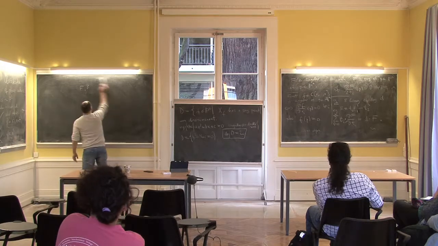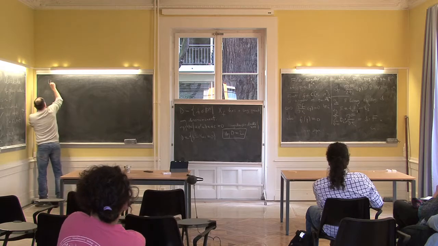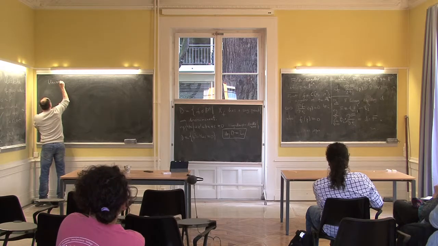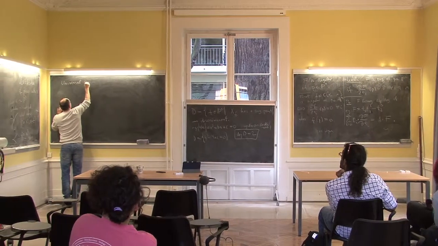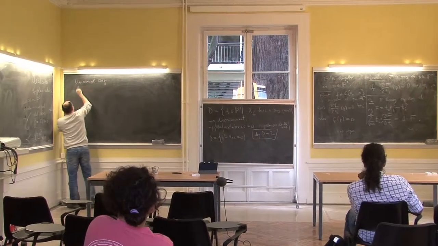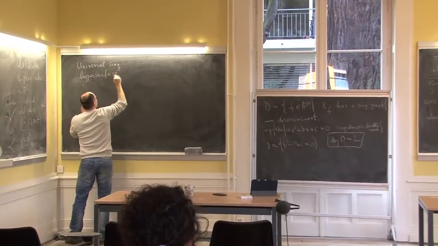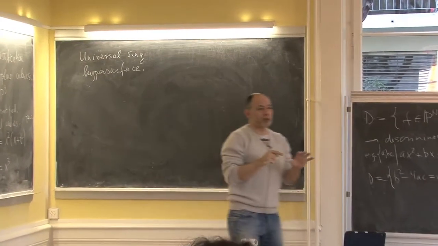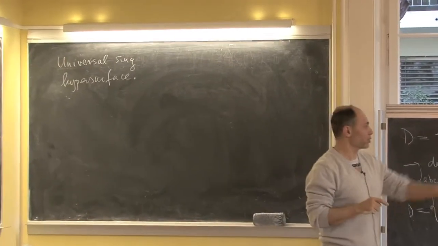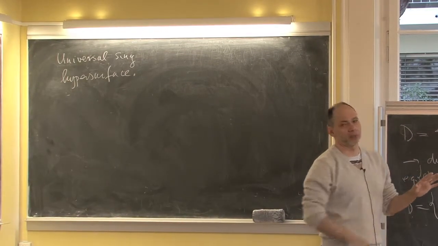So let's look at the universal singular hypersurface. The only thing I'm going to do is introduce an extra relation: I take a hypersurface, so I just take an equation, and I say that it should be singular at a particular point.